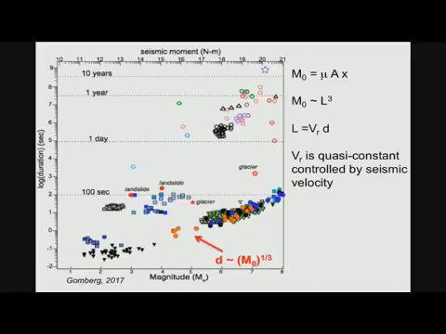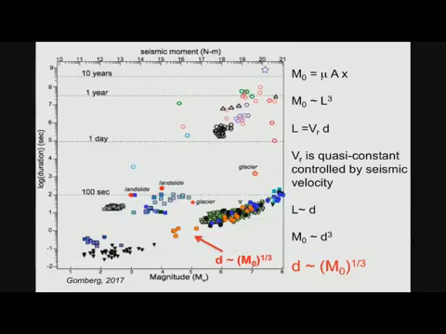And for earthquakes that generate seismic waves, the velocity is constrained by the speed that seismic waves propagate, the S wave, so it's quasi-constant. Therefore, length is proportional to duration if velocity is constant, and I can substitute that length for duration and see that moment is proportional to duration cubed. And that's where this relationship comes from. It's constrained by seismic waves being generated by the earthquake.